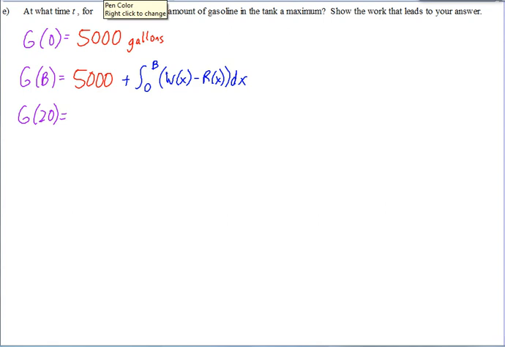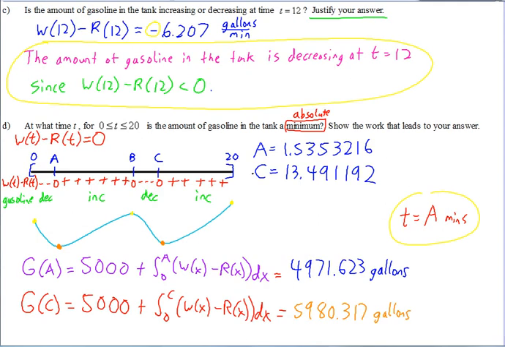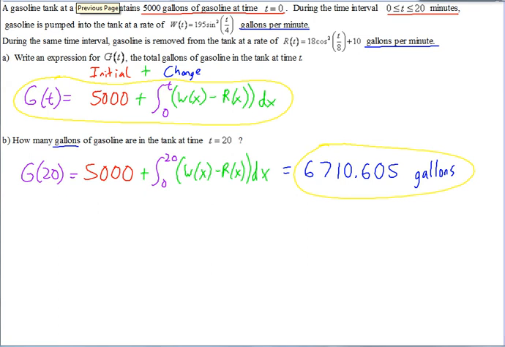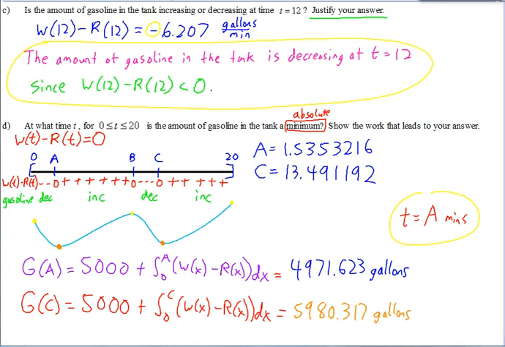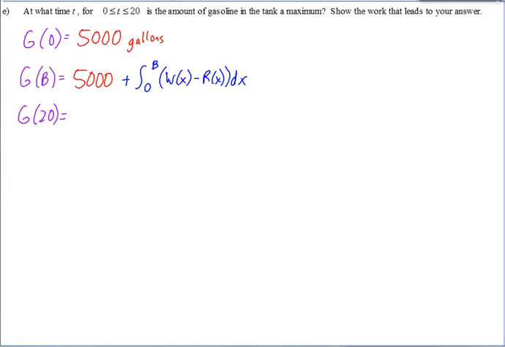And normally we do the same thing for 20, but remember in part A, we already calculated that, and that G of 20 was 6,710.605. So no need to do that again. What we do need to find is B. So using our calculator, let's find that last zero there.